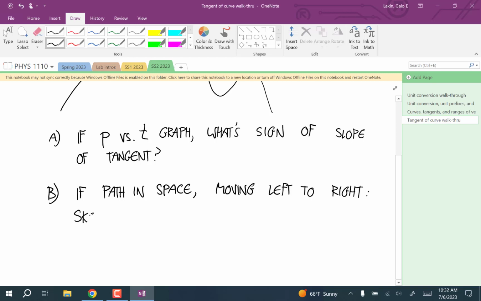And we want to sketch a vector that's tangent to the path in the direction of motion.